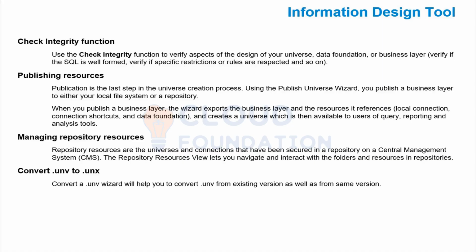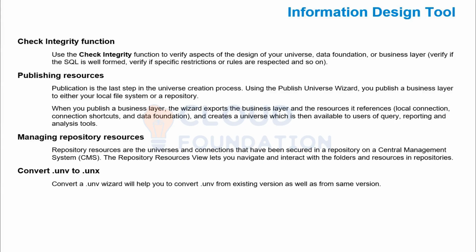If the server is down, we will not be able to access the universe or report. There will be admin people who keep that server up and running always. If there are any issues with the server or network issues, they will sometimes restart the server, or restart the Tomcat, which is the back end of the server, so that the server will be up and running.